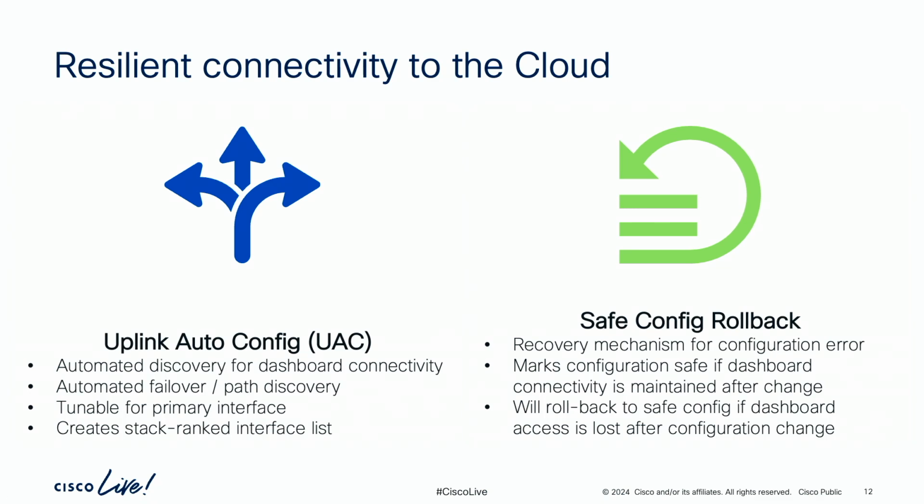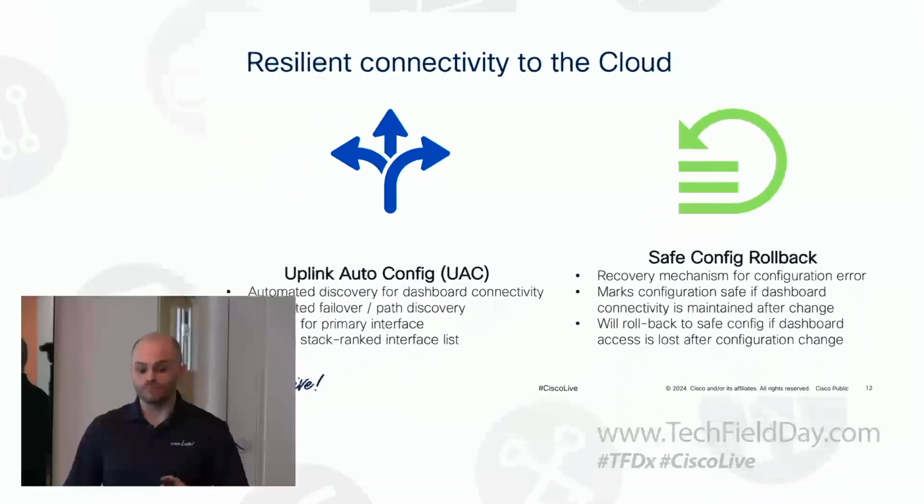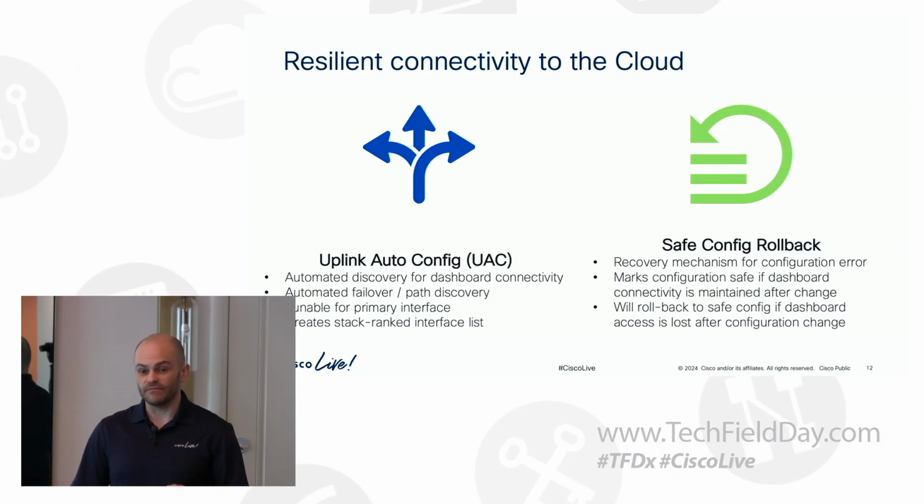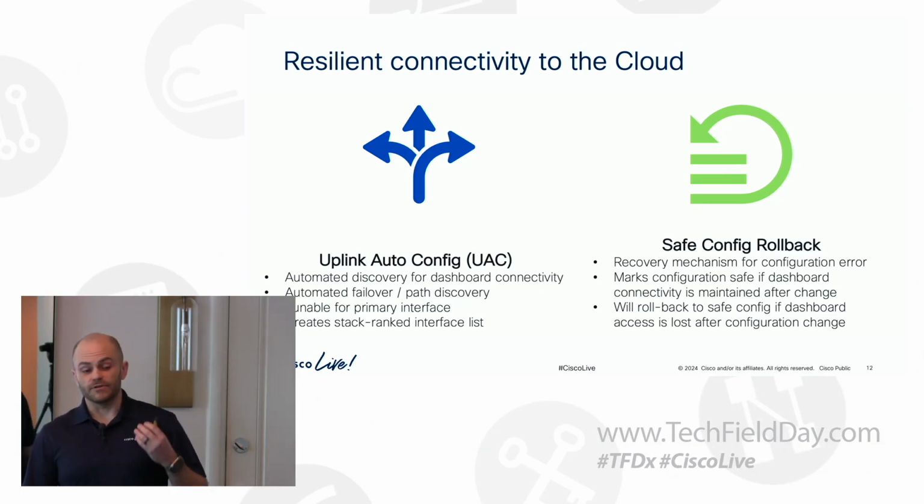If we haven't regained connectivity after that last change, we will roll back to the previous known good configuration. So if you have a switch sitting 2,000 miles away and you made a very incorrect change and it went offline, it'll recover. We built that in so that if you manage things at scale and highly distributed, you're not going to have to worry about rolling a truck to recover something.